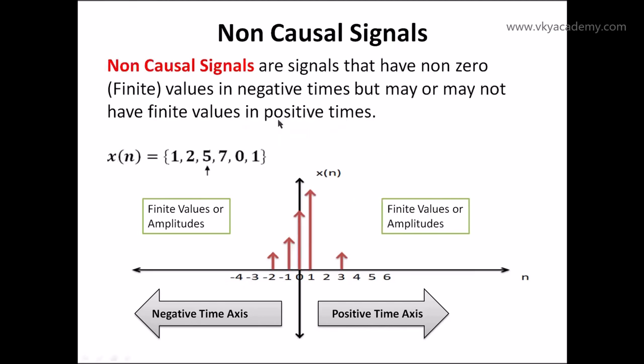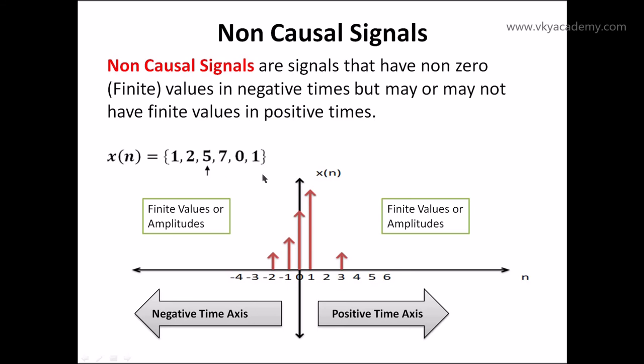So here it is, the non-causal signal. Non-causal signals are signals that have non-zero, or finite, values in negative times, but may or may not have finite values in positive times. So it is not compulsory that we will have samples for n greater than or equal to 0, but we must have some samples for n less than 0. You can see this is 1, 2, 5, 7, 0, 1.